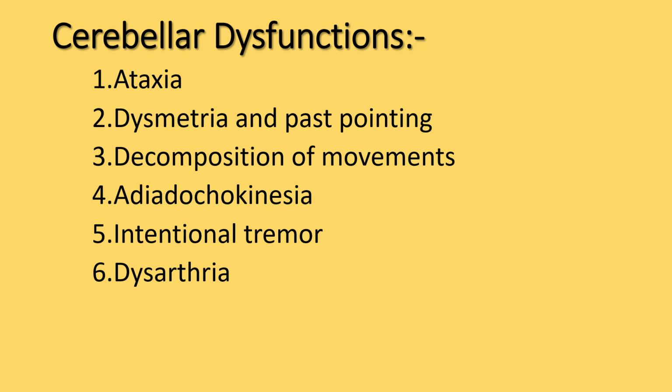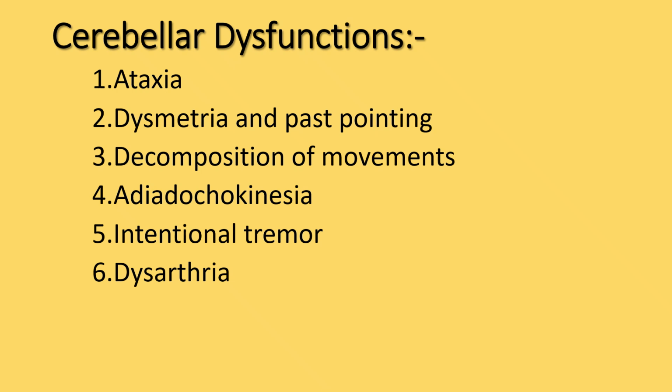Decomposition of movements: the movement is carried out in a stepwise manner, one joint at a time, due to the failure of smooth progression of the movement. Adiadochokinesia is the inability to carry out rapid, alternate pronation and supination movements.